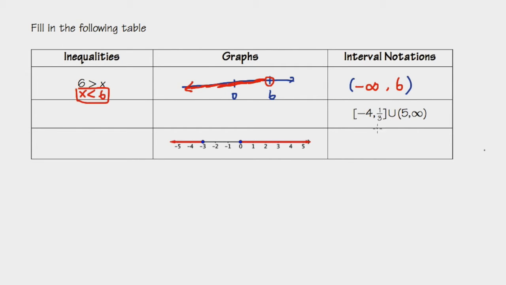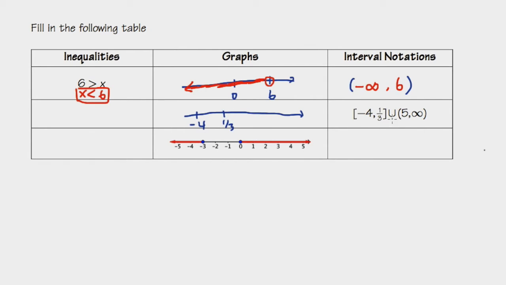And now let's see how we can go from a given interval notation to the graph and to its inequality version. Let me draw a number line, and let's look at this piece first, from -4 to 1/3. Let me label -4 right here, and positive 1/3 right here.